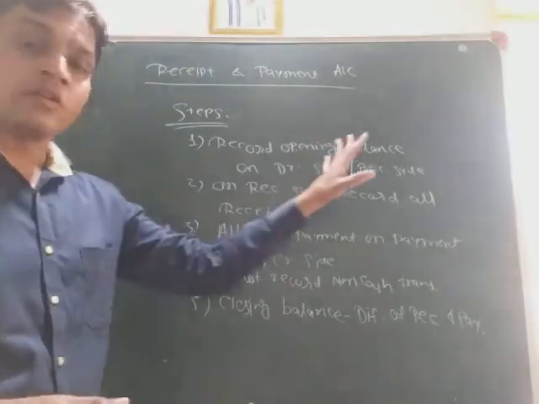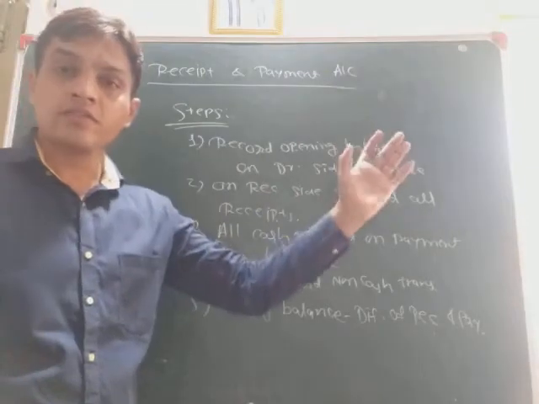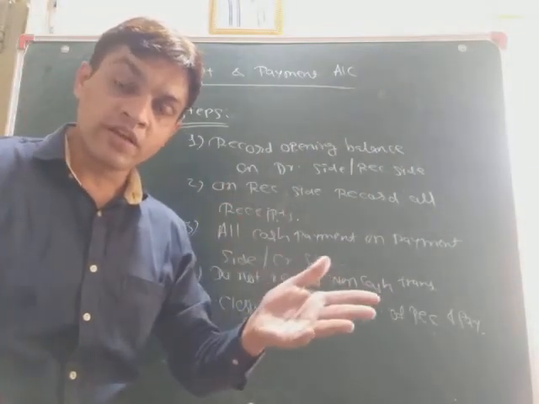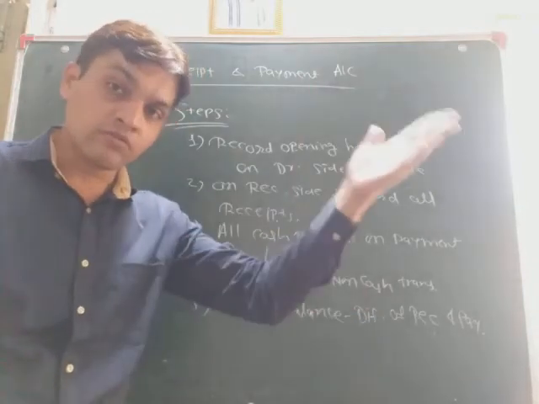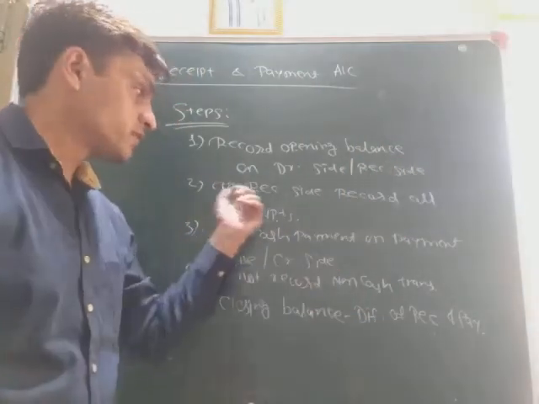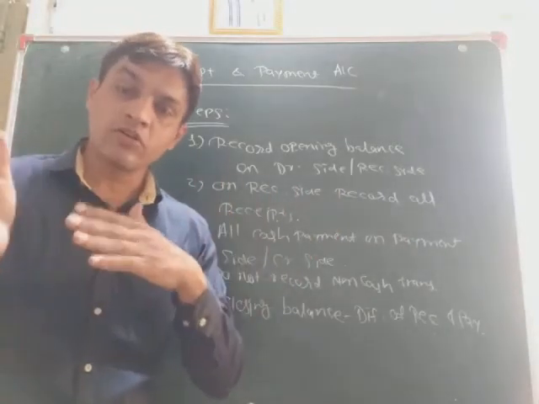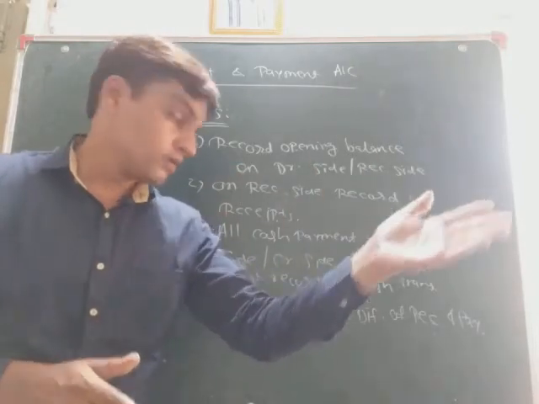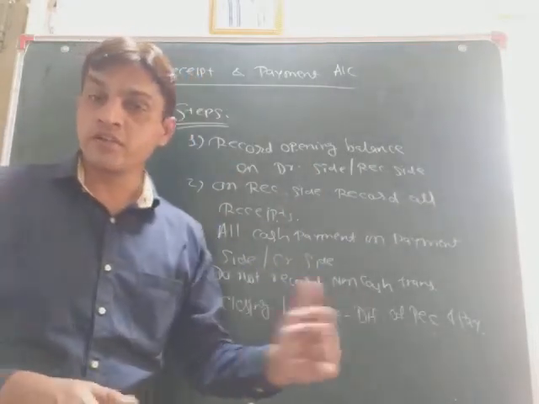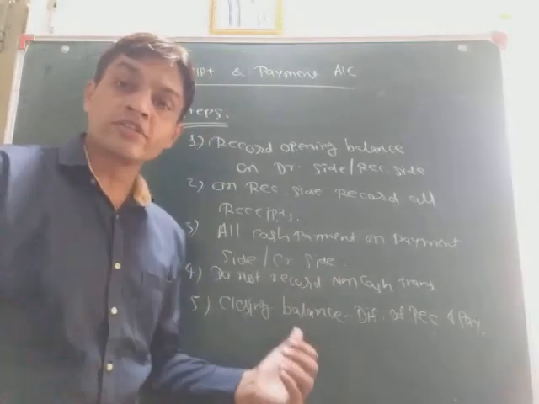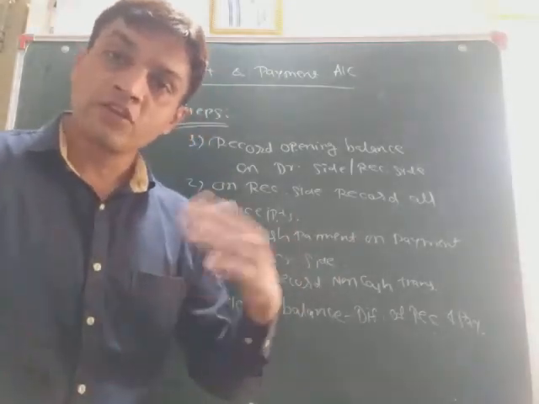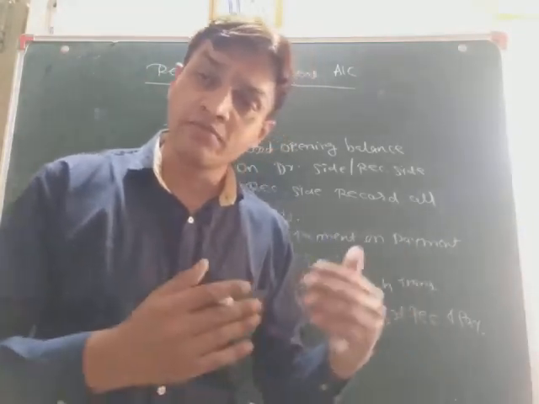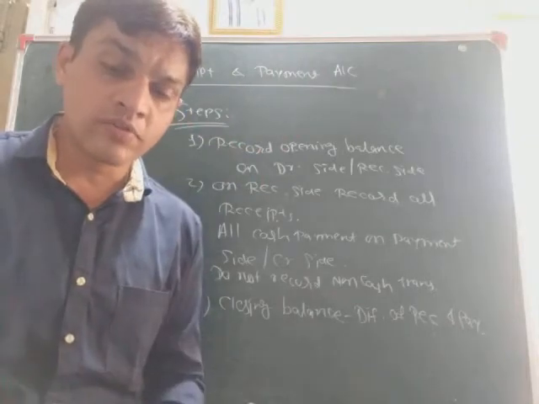First, record the opening balance on the debit or receipt side if it is cash in hand or cash at bank, and if it is a bank overdraft, then on the credit side. Second, record all cash receipts on the receipt side. Third, record all cash payments on the payment side. Fourth, do not record non-cash transactions. And fifth, the closing balance, which is the difference of receipts and payments, will be recorded on the credit side, the payment side.